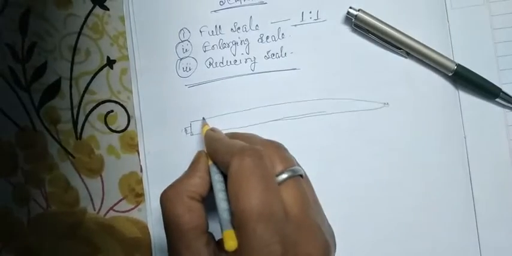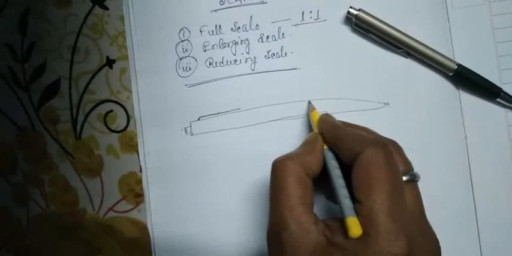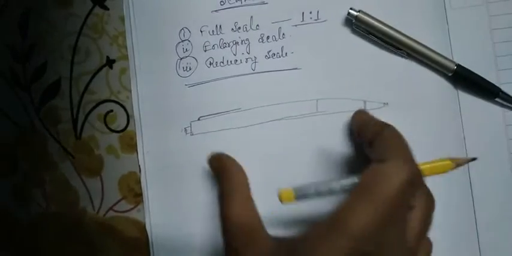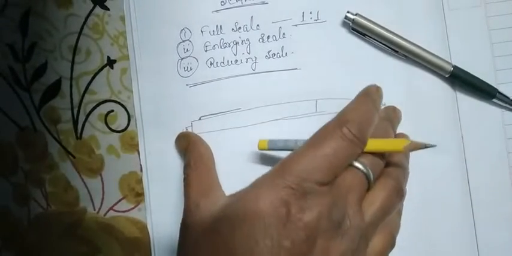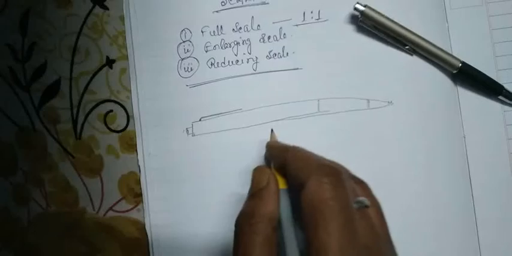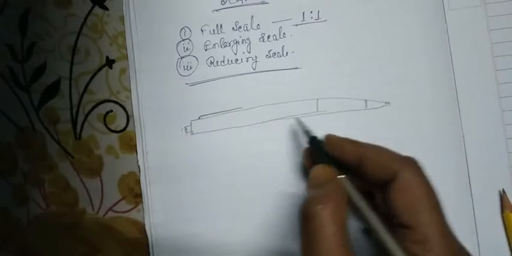So this is our pen, this is the size of my pen. We take the original length or breadth of the pen and draw it in our drawing. That is called full scale. That scale is the full scale, meaning whatever the size of the drawing, that is the actual size of the object. In that case we use full scale.